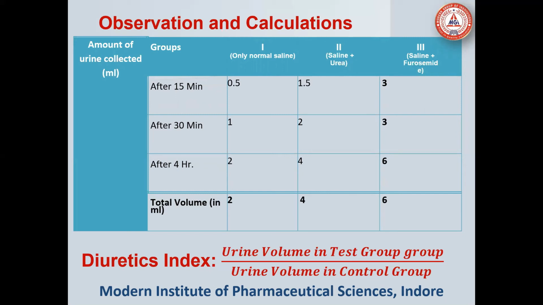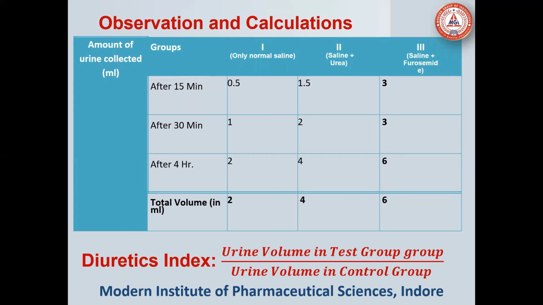Total volume of urine in the normal saline group is 2 ml, whereas in group second, saline plus urea, after 15 minutes it is 1.5 ml, after 30 minutes it is 2 ml, and after 4 hours it is 4 ml. The total urine volume collected in group 2 is 4 ml.